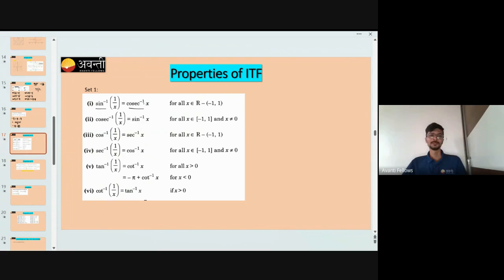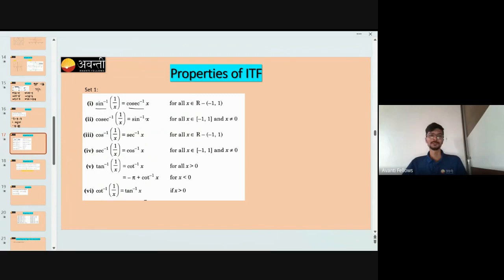Please listen to my words very carefully and try to understand it. Don't just memorize the formula, it's very logical. Sine inverse of a value is equal to cosec inverse of the reciprocal of that value, and vice versa: cosec inverse of some value is sine inverse of the reciprocal of that value.